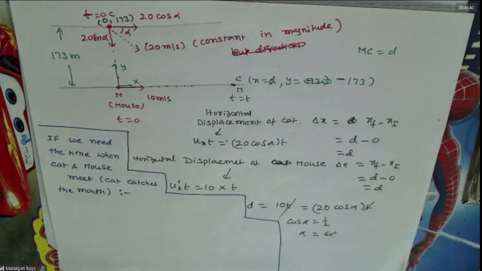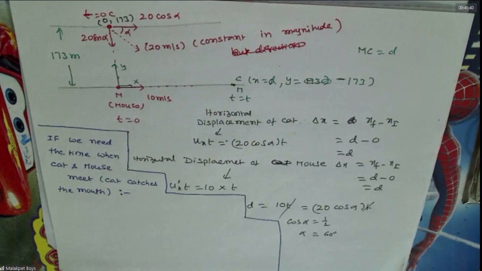Now suppose you want the time. What to do? We'll take, for the cat, delta y equals, there is no acceleration, no? Finally it is how much? On the x-axis this is 0. Remember this, initially how much?